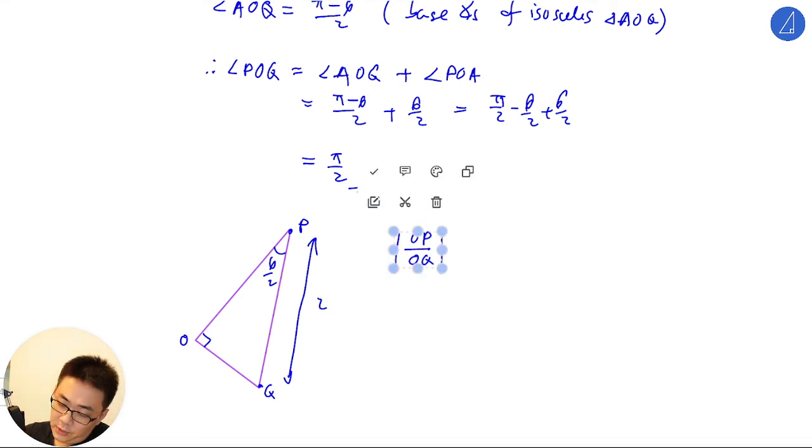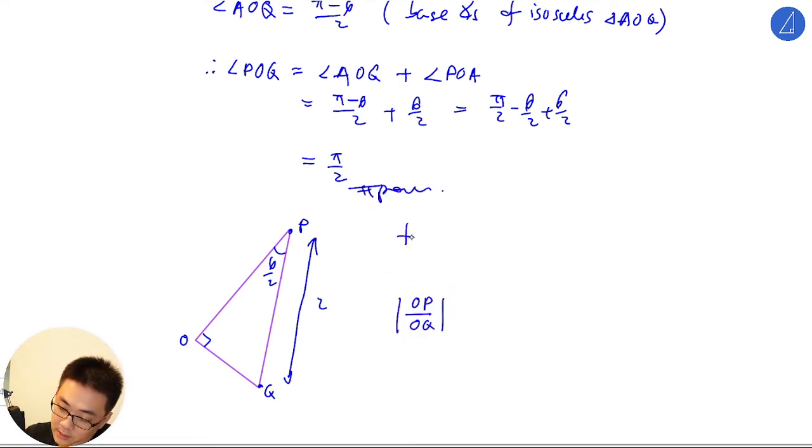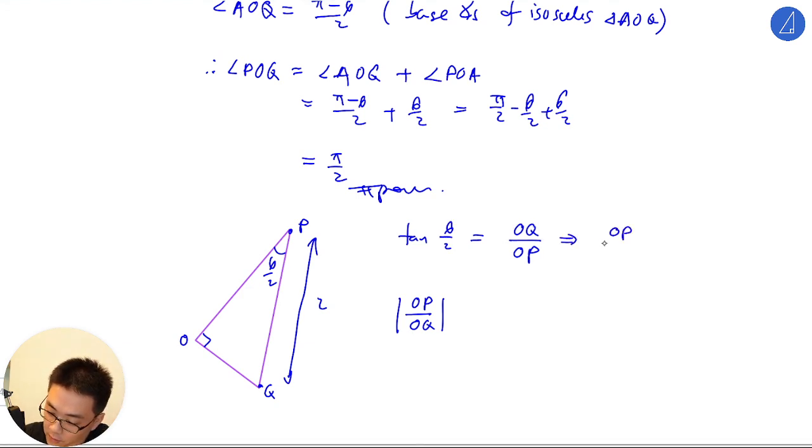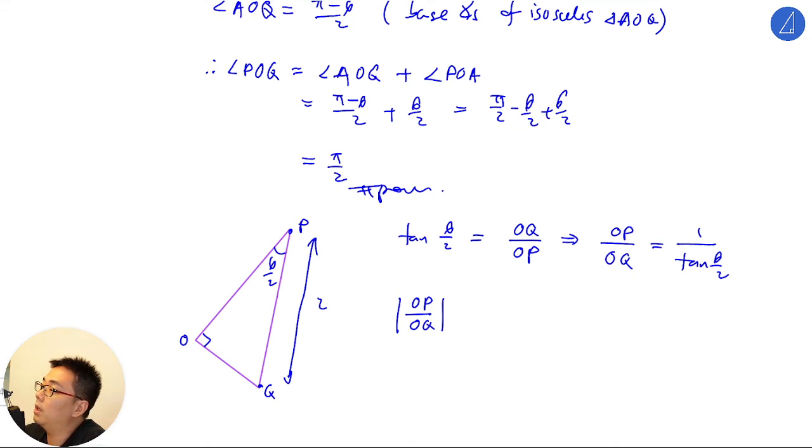I could use tangent. Tangent theta over 2 will just give us OQ over OP. Okay? So if you want OP over OQ, that will be 1 over tangent theta over 2 lah. Right. So then this will be cot theta over 2.